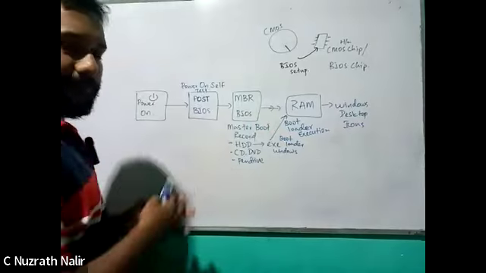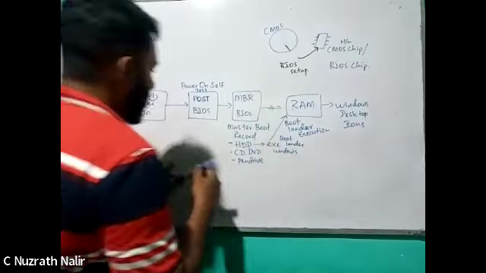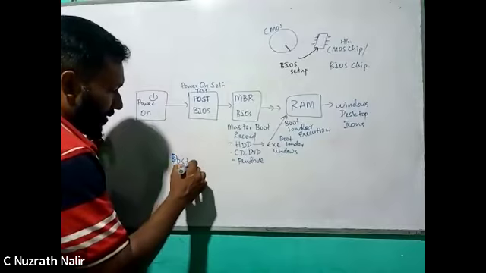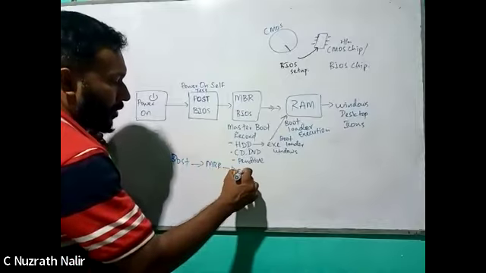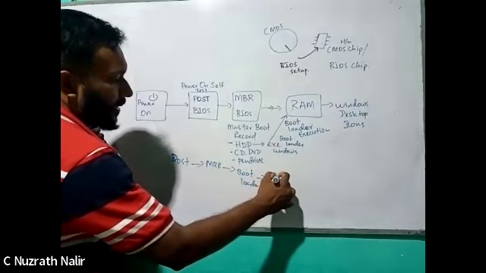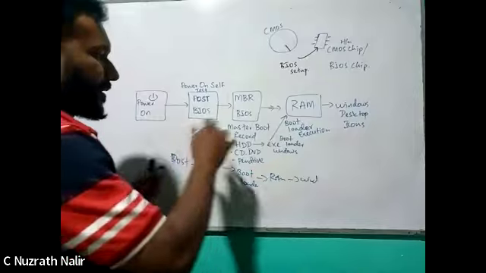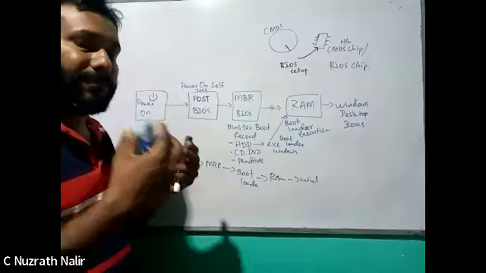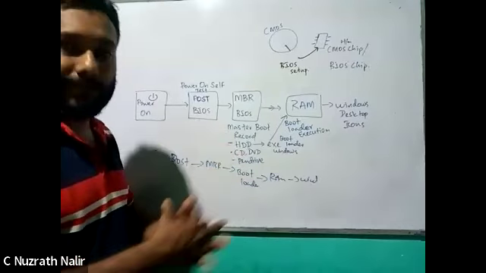So these are the steps in this particular area. Maybe they might give you this in your question paper: BIOS, POST, MBR, bootloader, then RAM, and Windows. This is the basic step, because I explained all of the method when we explain the formatting part.